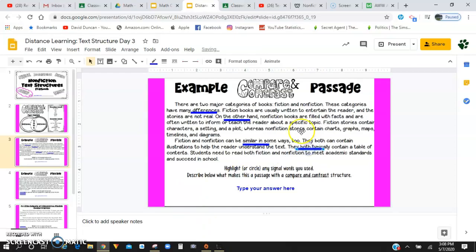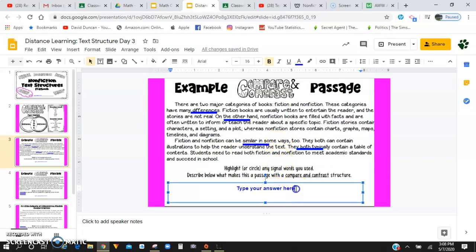So in this paragraph up here, the author is contrasting the differences between fiction and nonfiction. And down here, the author is comparing the fiction and nonfiction texts. So what makes this a compare and contrast text structure is the author identified both things that fiction and nonfiction texts have in common with one another.